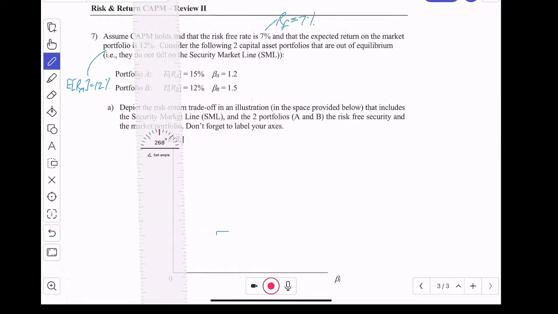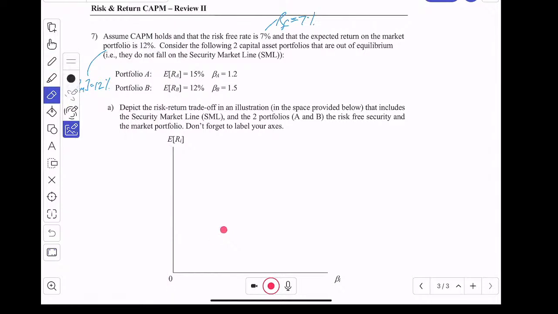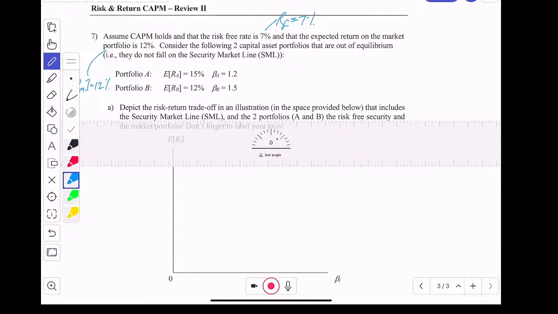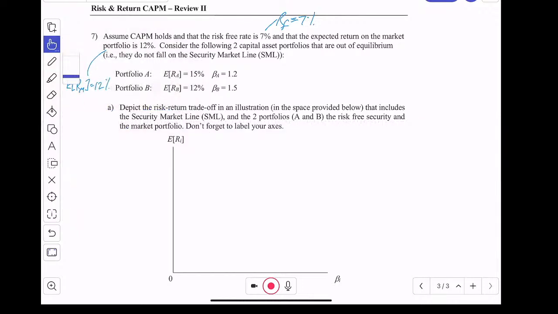Yes. Right now I'm going to put down the important values first. So 7% and 12%, I need to mark those.